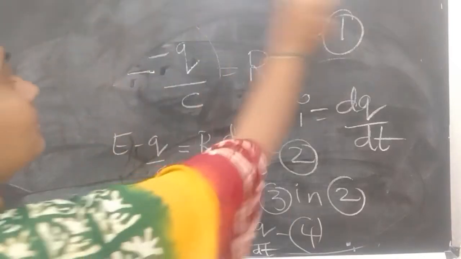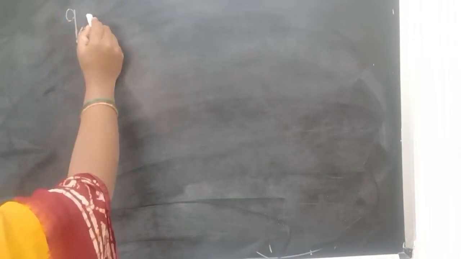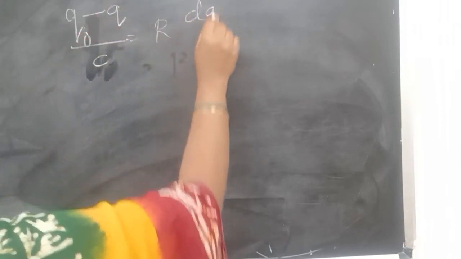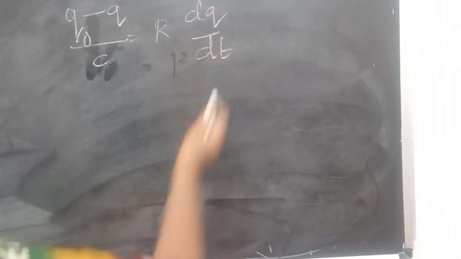Then I am arranging this. In the previous equation, if I take C common, Q by C is equal to R into dq by dt, we got, right?